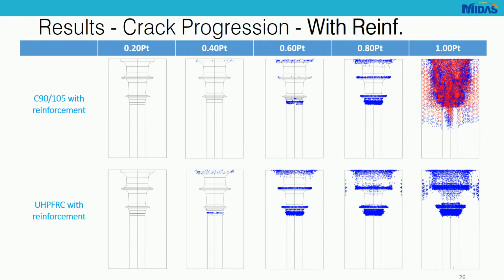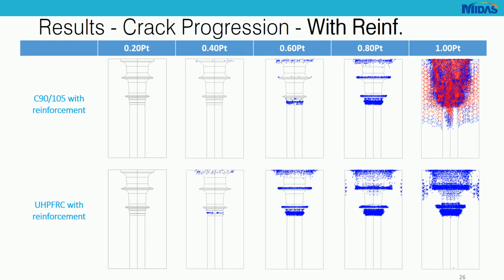In the model with the reinforcement, we can see again there is an increase in the crack pattern, but considering the two solutions, we have fully open cracks in the high strength concrete compared to no fully open cracks in the ultra high performance fibre-reinforced concrete.